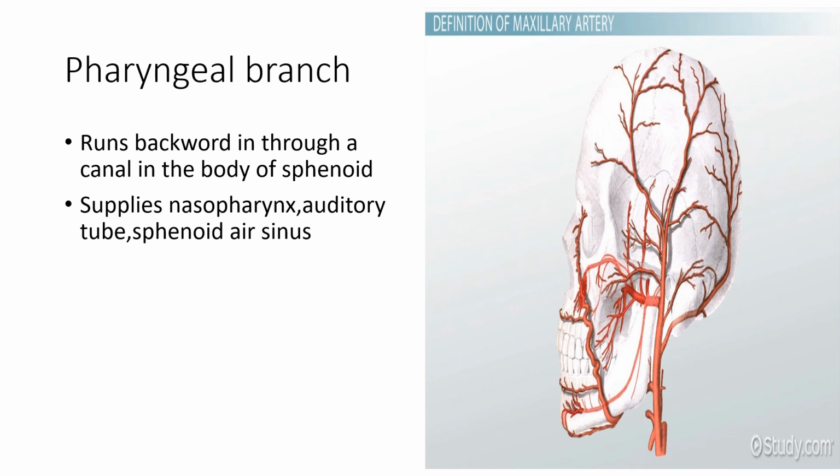The pharyngeal artery also comes from the third part of the maxillary artery. It runs backward through a canal present in the sphenoid, and it supplies the nasopharynx, the auditory tube and the sphenoid air sinuses. Okay.